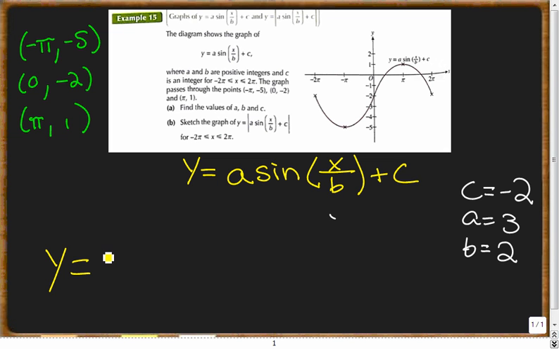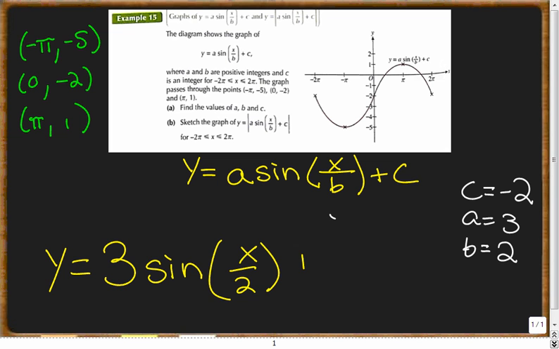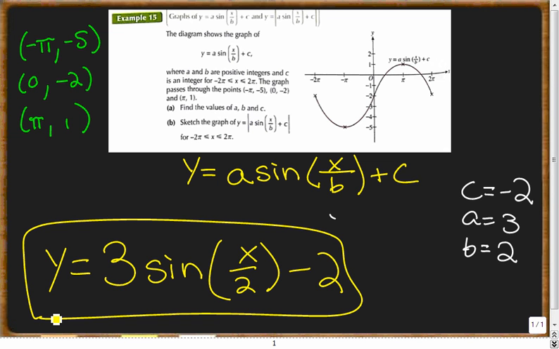Well, a is 3, so this is 3 times the sine of x over 2, or 1/2 x, plus negative 2, which I'll just call minus 2. So you can figure out these functions based off of certain traits that they have.